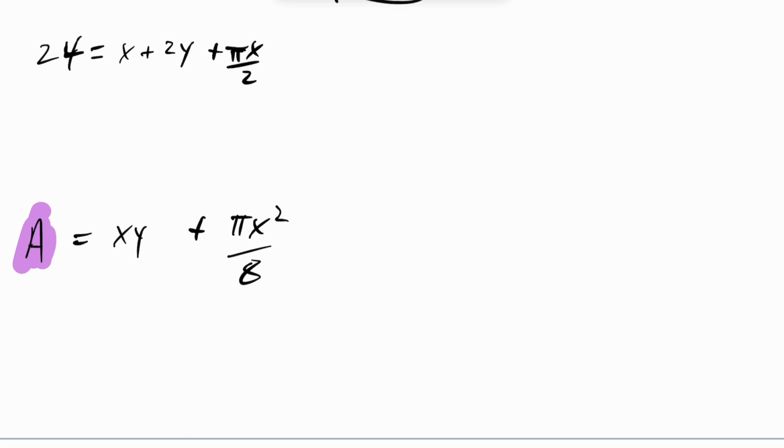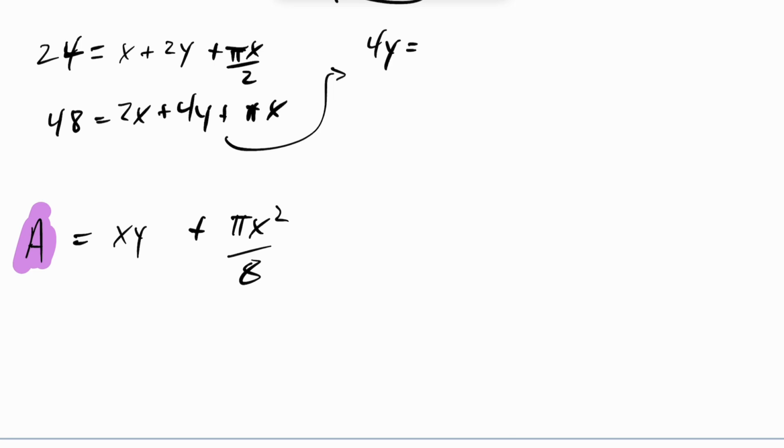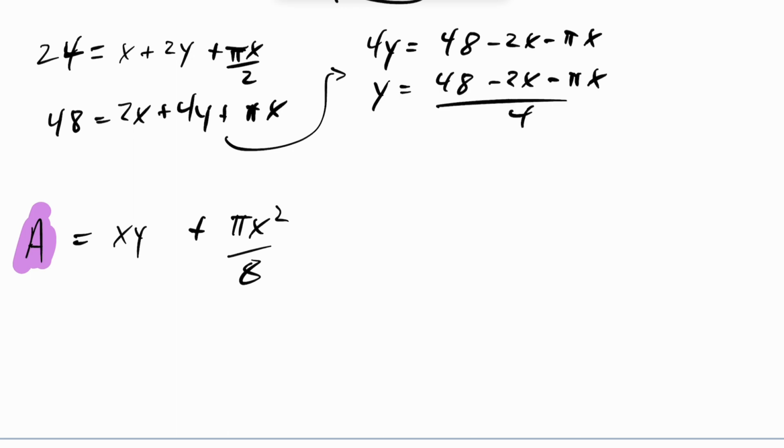So isolating for y here, I'm going to first multiply across by 2. That'll give me 48 is 2x plus 4y plus pi x. And again, isolating for y, I'm going to get 4y is 48 minus 2x minus pi x, in which case y is (48 minus 2x minus pi x) over 4.